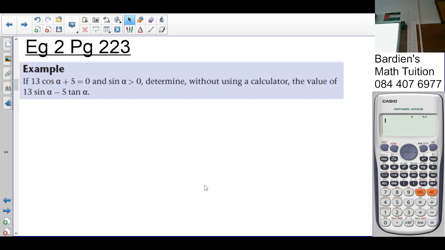What we do is we first get cos of alpha on its own. How do I get cos of alpha on its own? Take the 5 over, and divide by 13. So cos of alpha is equal to negative 5 over 13. Right, what now?